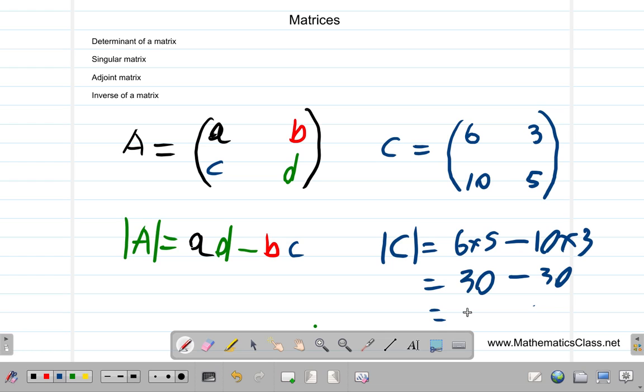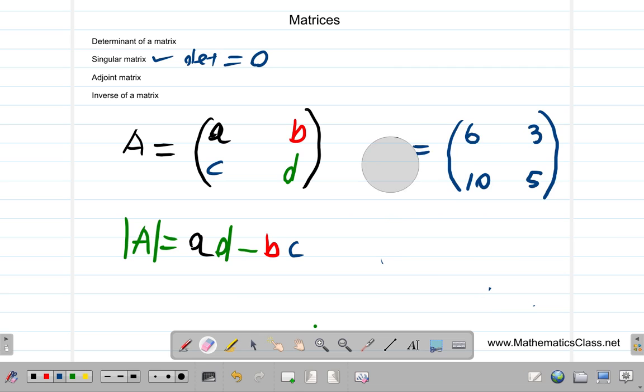Well, in this case, you get a 0. Now, the determinant of this matrix is 0. This type of matrix is what you call a singular matrix. Right? Determinant equal 0. The determinant of a singular matrix is 0. You see that? Nice.